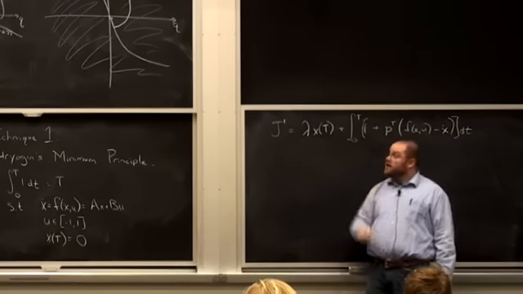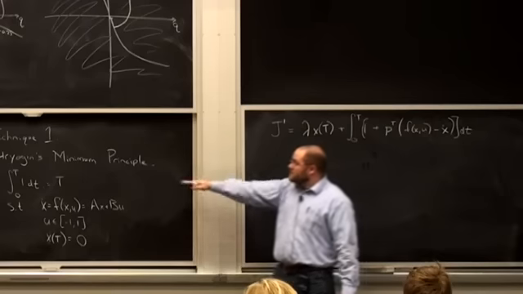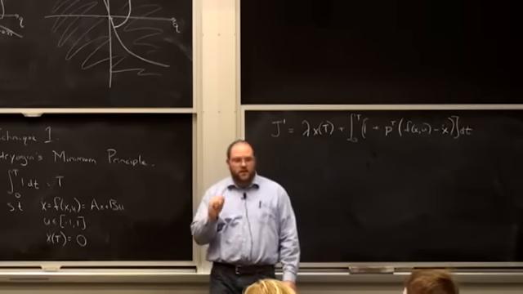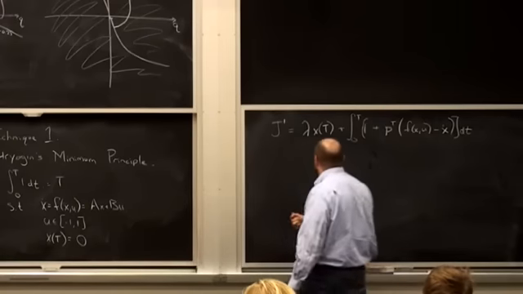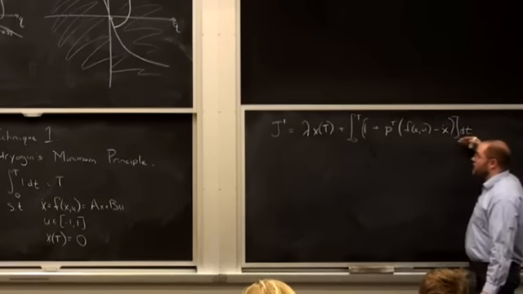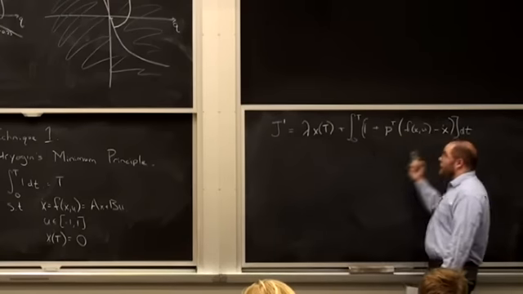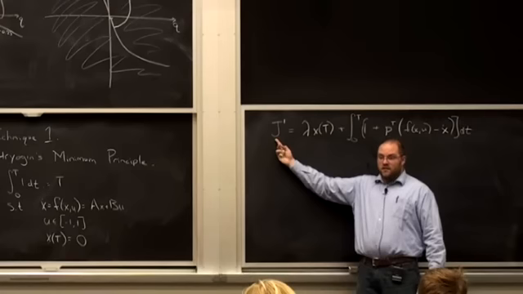That's the minimum principle idea. If I'm at a minimum of a function, the gradient is 0. In the Lagrange multiplier formulation, at the minimum of this augmented function, the gradient has to be 0. So if I change any of these, I want that change to be 0.